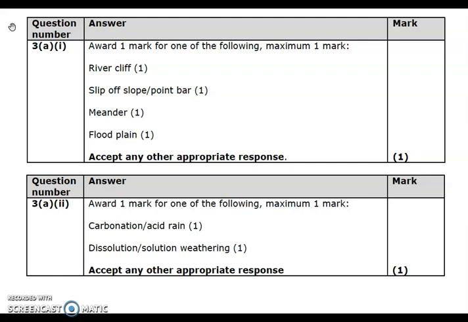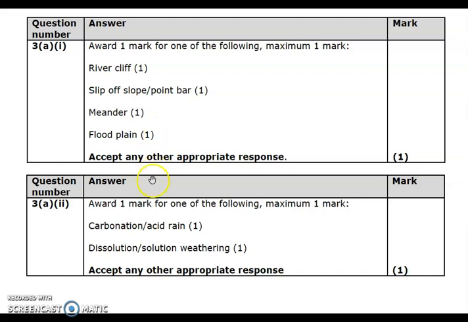So you've had a go at those 3 short questions. Let's just have a look at the mark scheme. And we can see, for the first one, it's really simple, 1 mark for any of the following. So you could have had river cliff, slip-off slope, meander, floodplain, all the things we spoke about there, really simple. It may be worth, as you go through and mark your answers, could you write the alternatives that you could have given as well to show there is more than one correct answer.